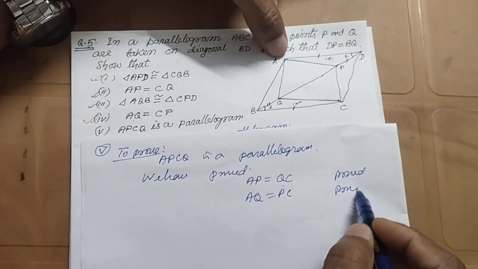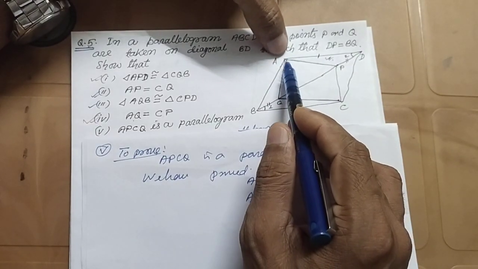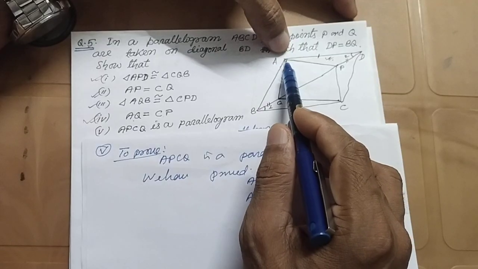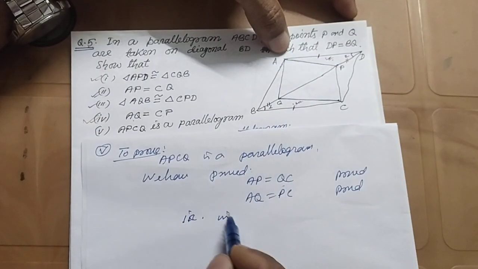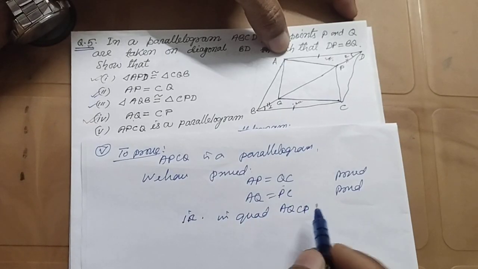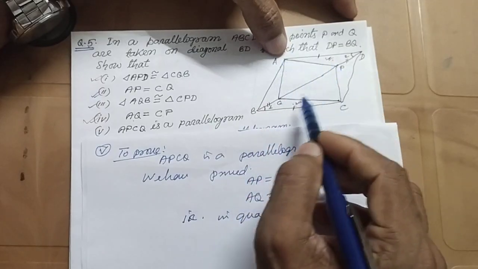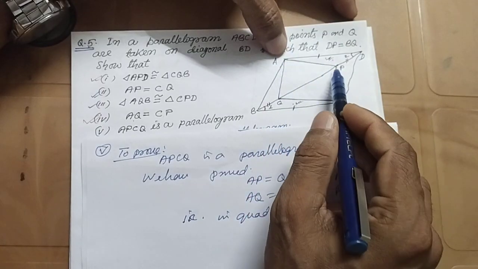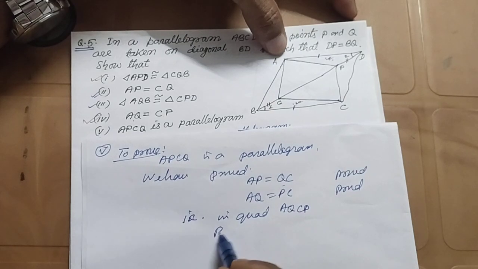So in this quadrilateral, opposite sides are equal. Which quadrilateral? AQCP. What you are getting? You are getting AP equal to QC, opposite sides equal, and the other pair of opposite sides are also equal.